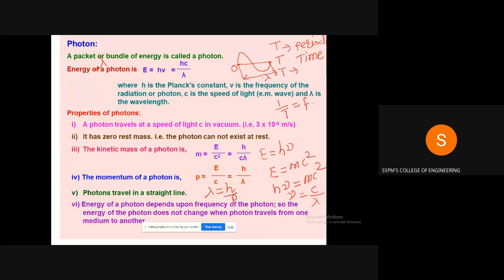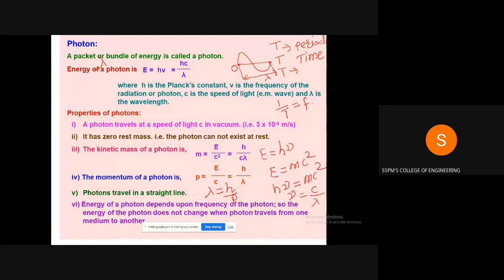Here, the distance from the starting point to the end point is called lambda. What is lambda? Lambda is the wavelength. Wavelength of a wave is defined as the distance between two successive crests, two successive troughs, or two successive mean positions.